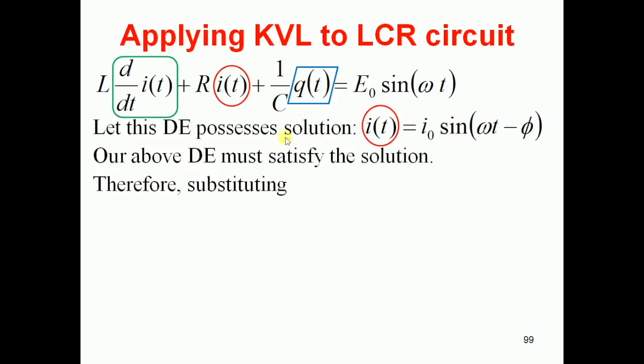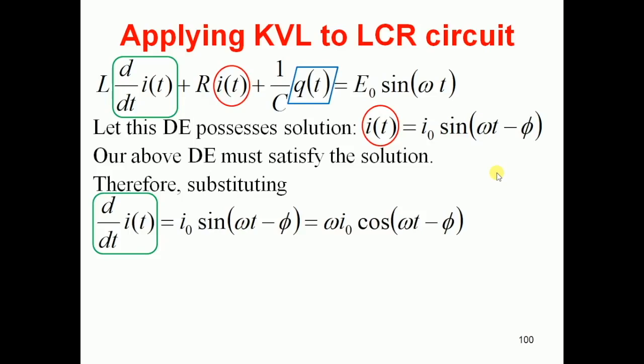Now let us suppose that our differential equation possesses solution I of t equal to I0 sine omega t minus phi. And at this point of time, what we are not knowing is that this I0 and phi.